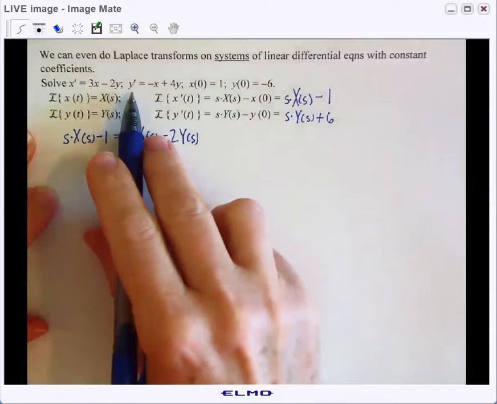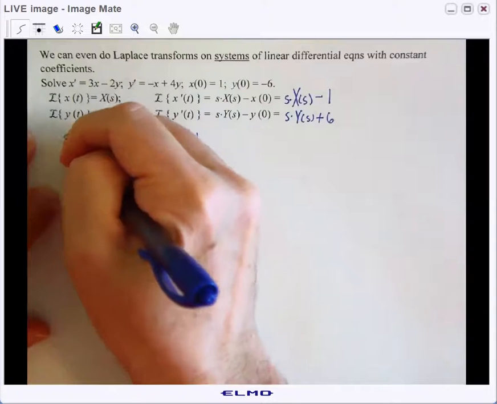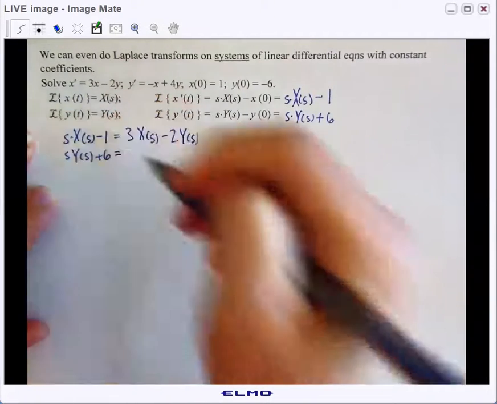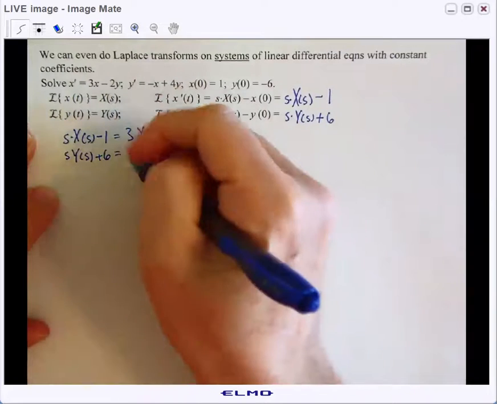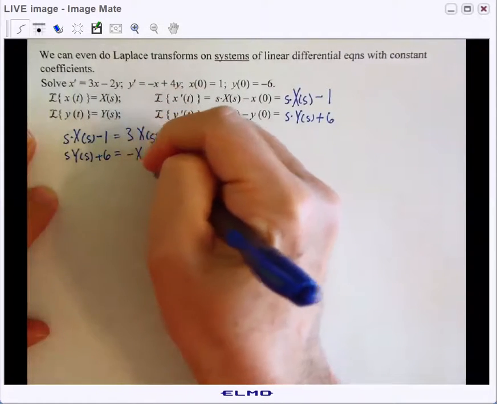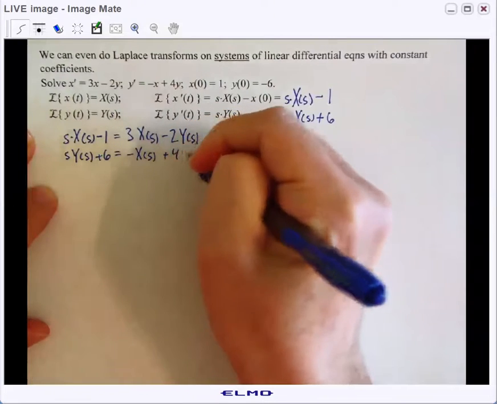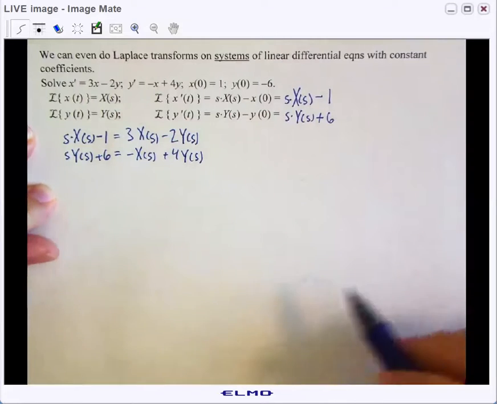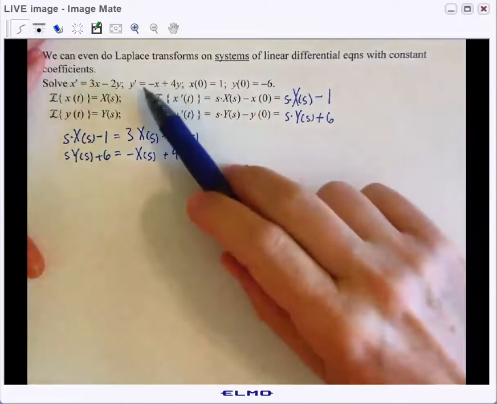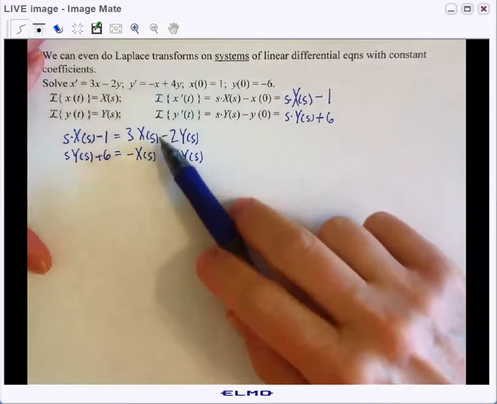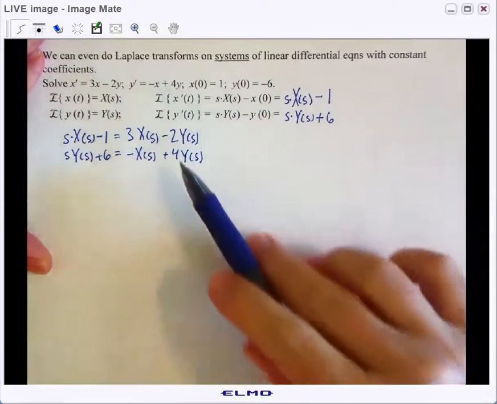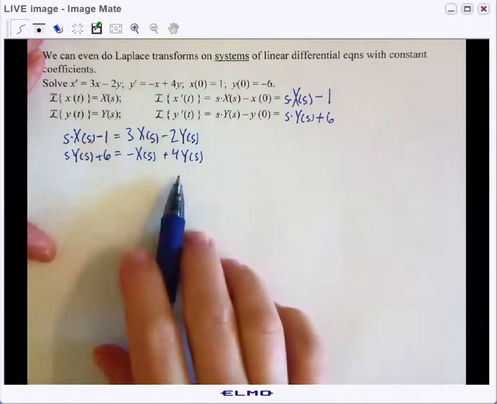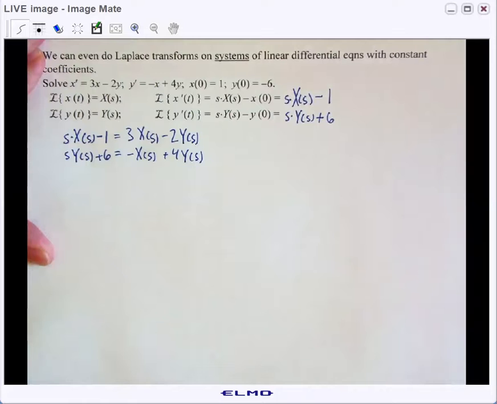And y prime is s Y of s plus 6 equals negative X of s plus 4 Y of s. So now we've converted, using the Laplace transform, our system of differential equations into a system of linear equations without derivatives. So let's solve one of these for one of the variables and then use that to substitute in for the other one.